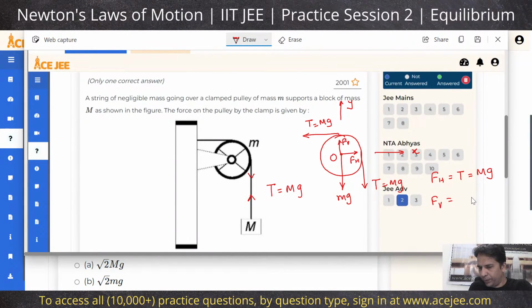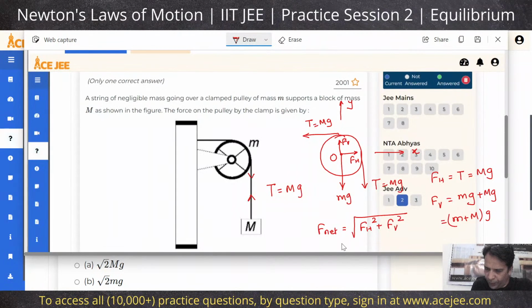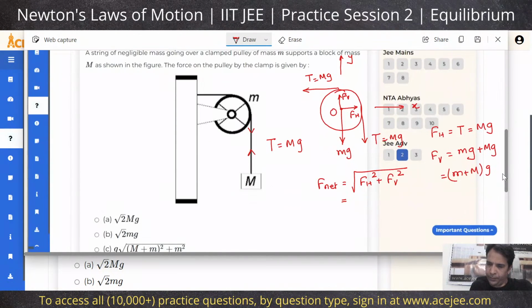FV is equal to mg plus T, which means M plus M times g. So the net force exerted by the clamp on the pulley is square root of Fh squared plus Fv squared. That's the magnitude of the net force. So g will come out, square root of M plus M squared plus capital M squared.